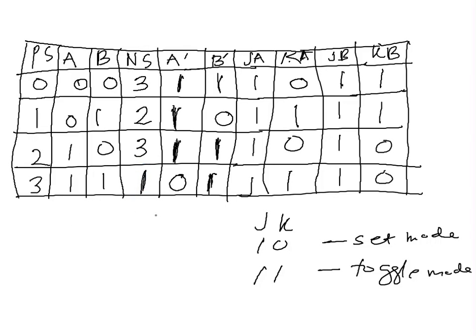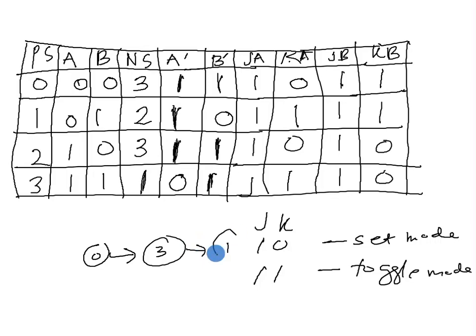Now you can draw the state diagram. From previous state 0 goes to next state 3. Then 3 goes to 1.